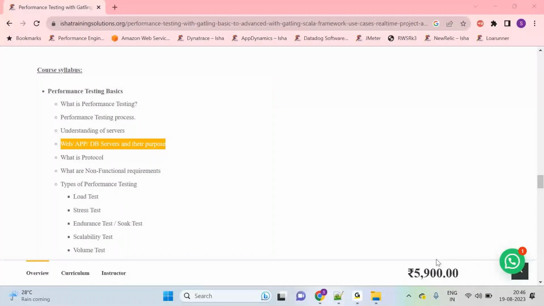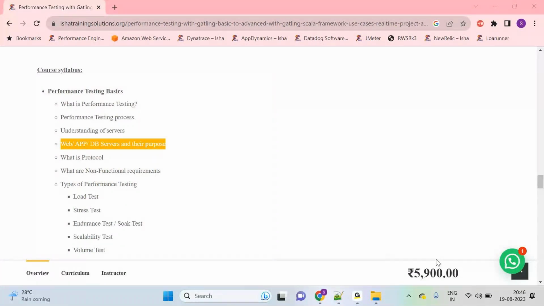Understanding of servers, basically what we are going to discuss: we are discussing what a web server means, what an app server means, what a database server means. That is also something we need to know, right?